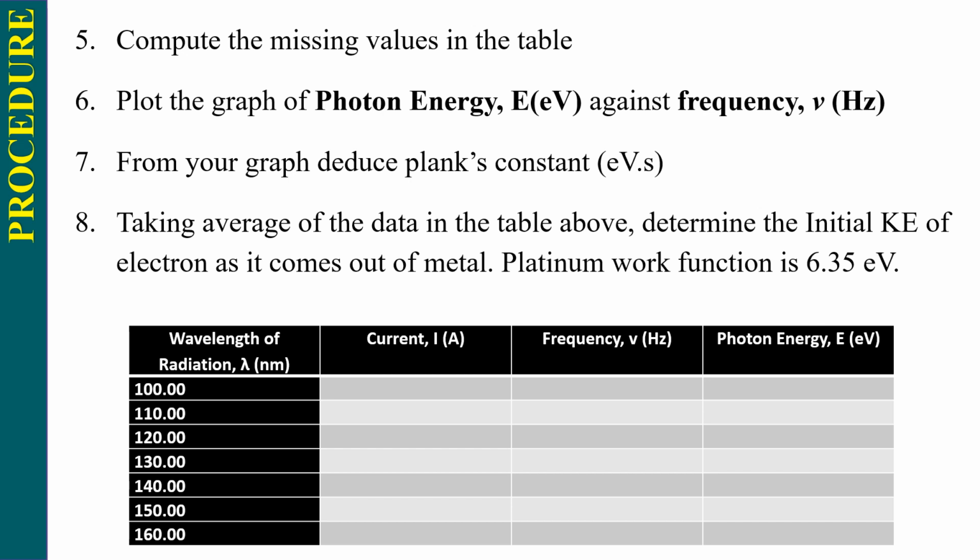For instance, for this, I will simply have 100 times 10 raised to power minus 9, and that is applicable to each and every one of the wavelengths given. So there's need to multiply the value given in nanometer by 10 raised to power minus 9, which is the metric value for nano.